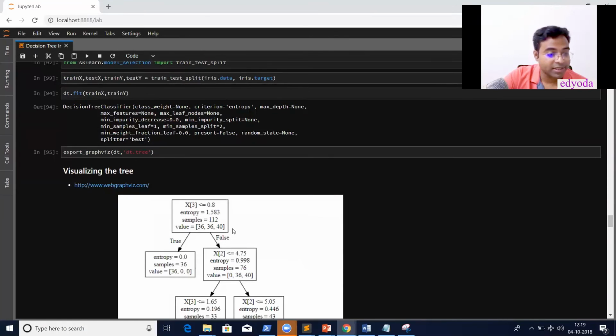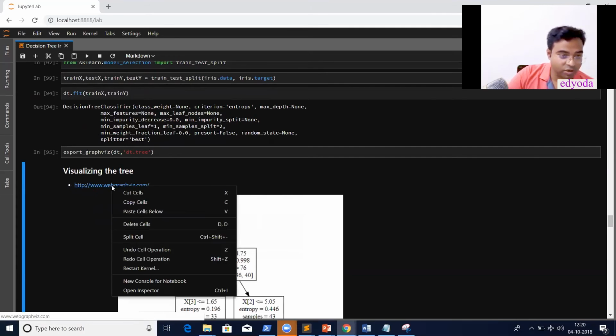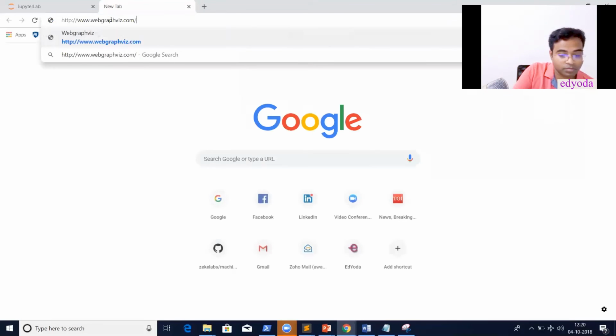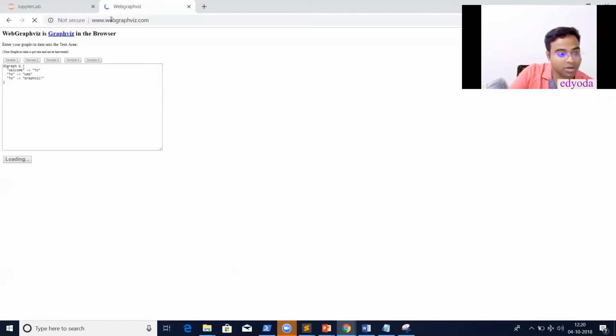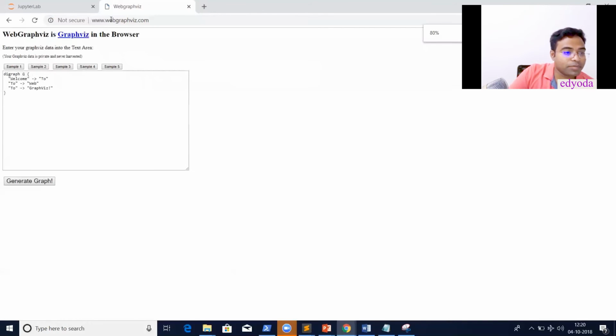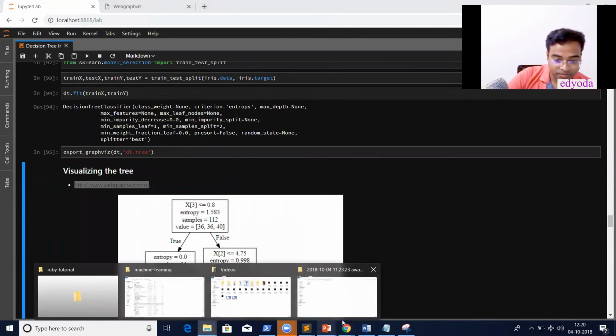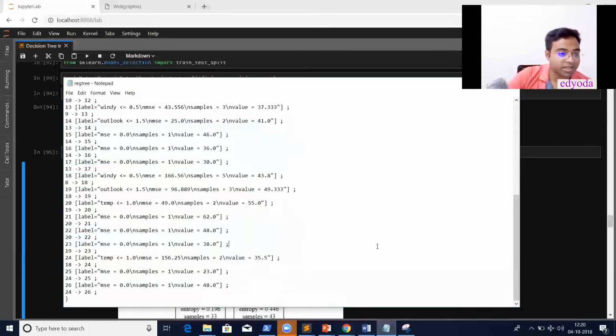And the tree that is generated here, you can actually dump the tree and see that. So this is the web page. When you do this export graph of dt.tree, it generates a file, something like this.